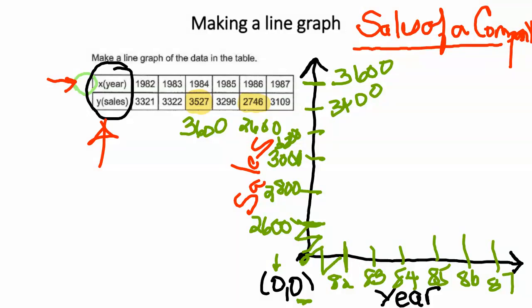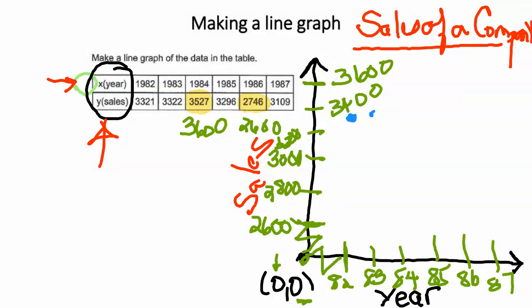Now, with that said, in 1982, I have, in this case, and let's see, I'm going to put a blue dot here. This is saying 3321. Well, that means it's going to be somewhere right about there. It's below 34. Now, I then have 83. It's a little bit higher, not by much. So I'm going to put that right there.